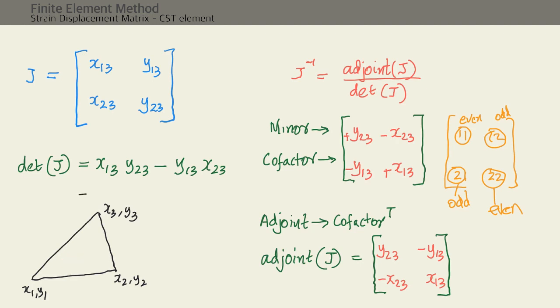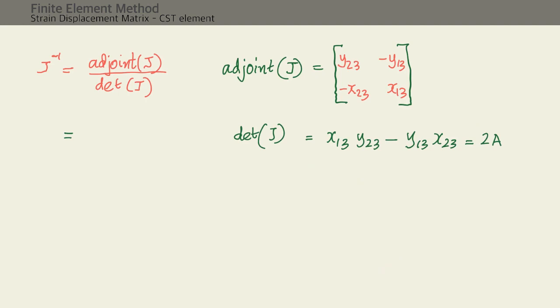So I'll write this equal to 2A, where A is the area of the triangle. Now we can write the inverse of the J matrix. So 1 by determinant J is 1 by 2A, and adjoint J is y23, minus y13, minus x23, and x13.